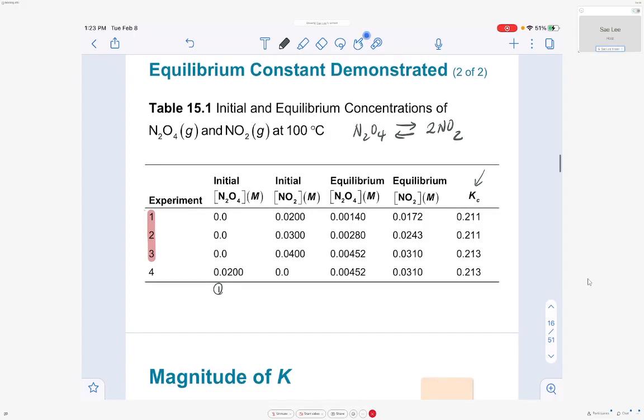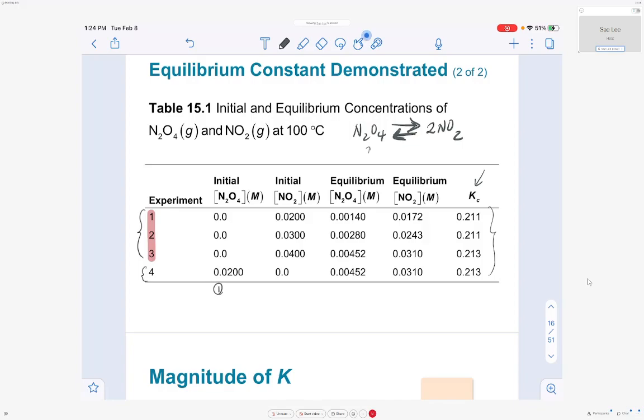For these 3 experiments, you're starting from 0 concentration of the reactant, so these 3 are talking about the reverse reaction. You're going from NO2 to N2O4. It doesn't matter if you start your reaction from this side or this side, your Kc values are the same or similar.